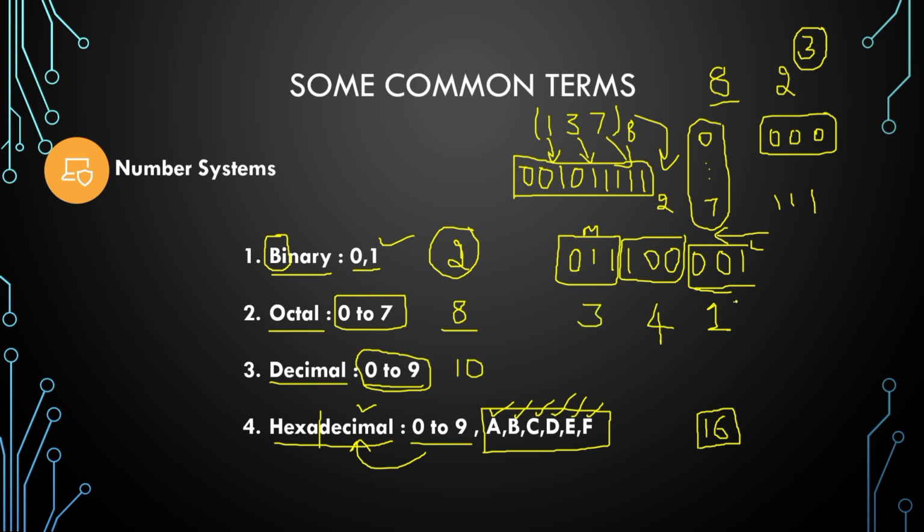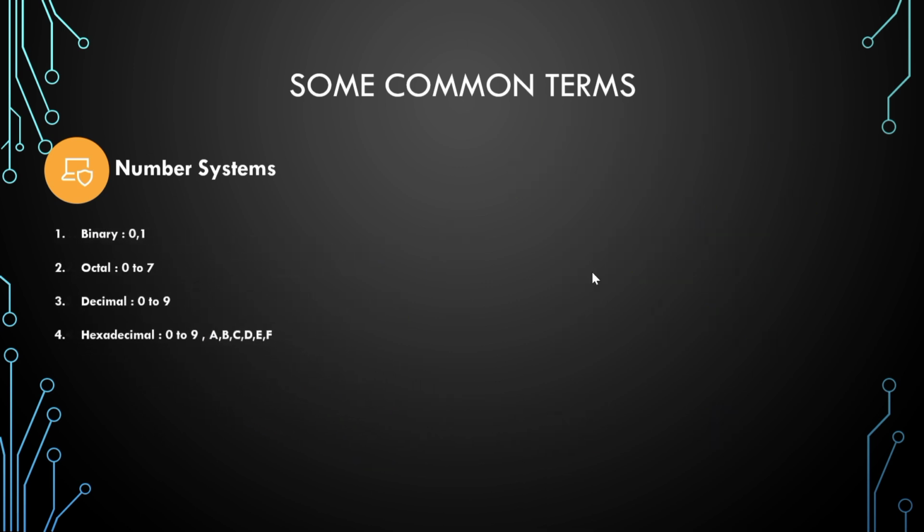So the number is 341 base 8. This is how we convert from binary to octal and from octal to binary. Then we shall see how we can convert binary to hexadecimal and vice versa.